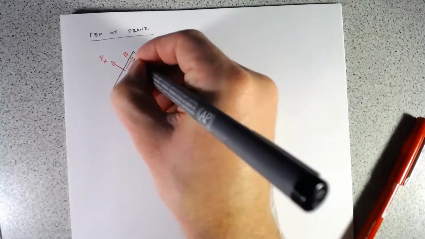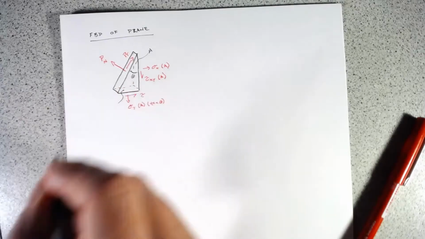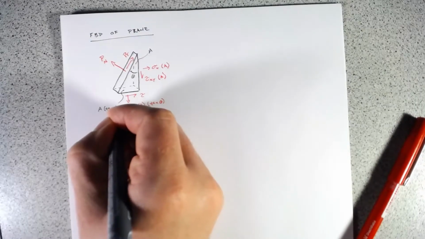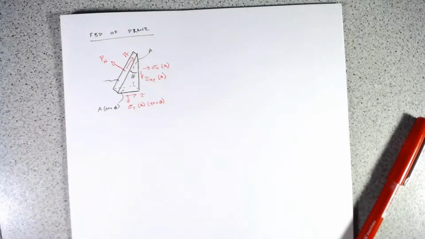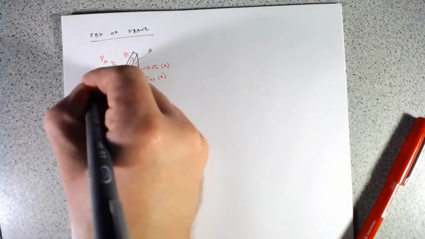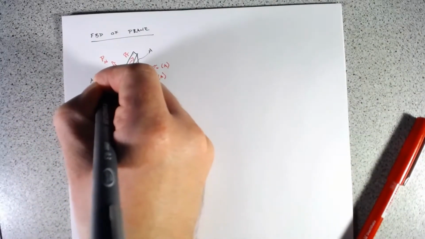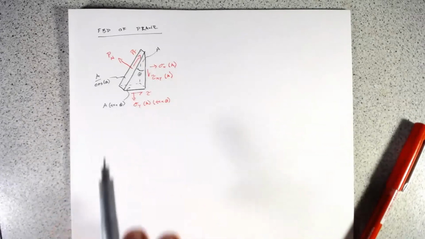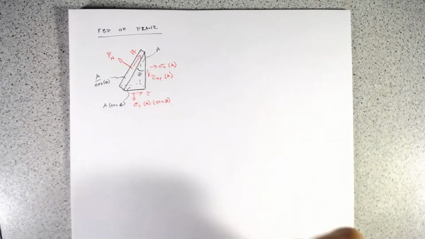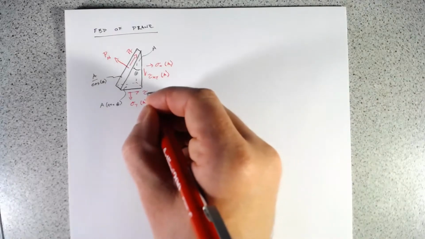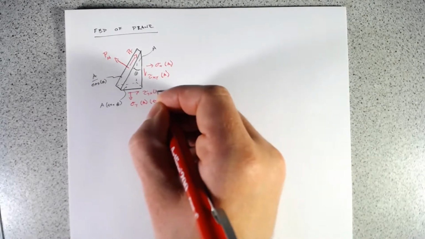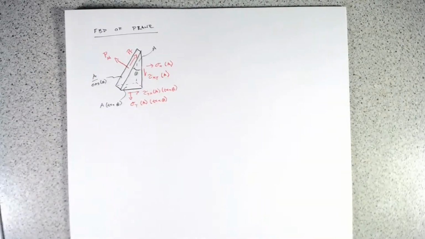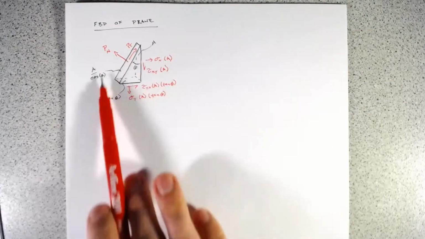So if this area is A, this area is A tan theta, and this inclined area is A divided by cosine theta. You can work out the trigonometry there to convince yourself if you so desire. So this is tau xy times the area times the tangent of theta. All right, now we have all of the equivalent forces here.